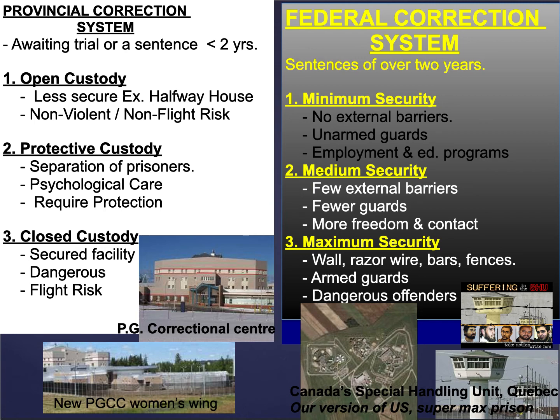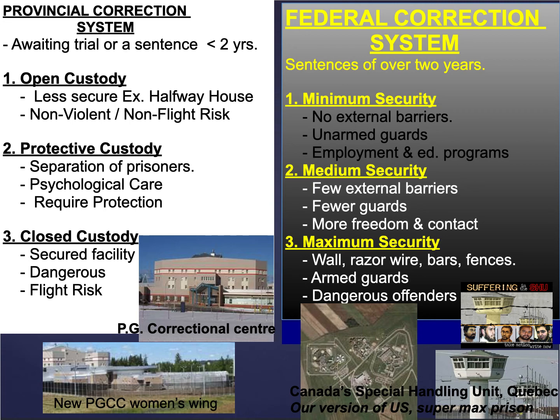Or medium security, which does have some external barriers and fewer guards. But for medium security, the prisoners do tend to have more freedom and contact with each other within the boundaries of that prison.